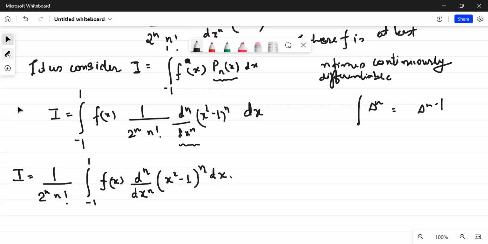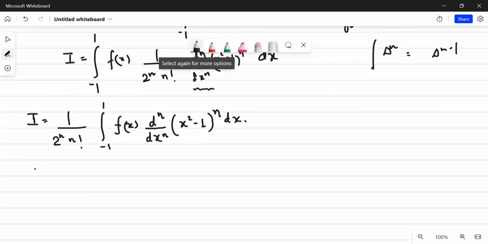Now I will try to integrate this. So I is equal to 1 upon 2 to the power n factorial, and let's see what will happen.